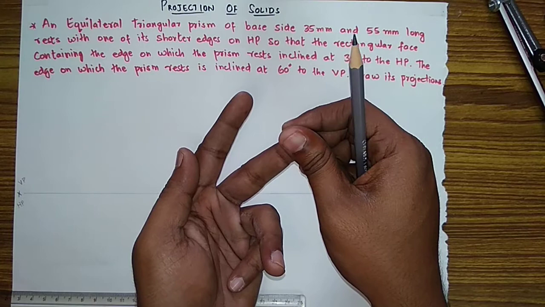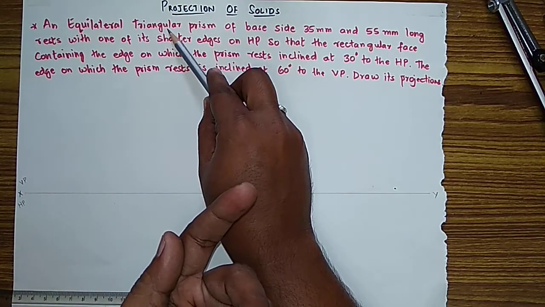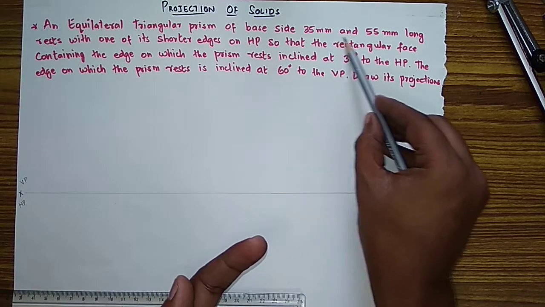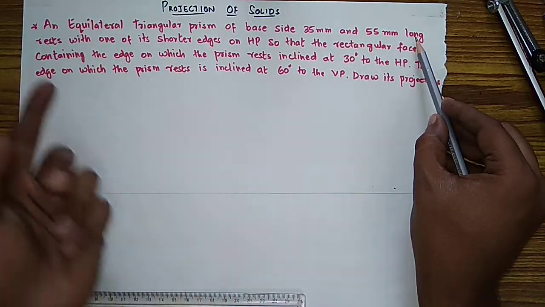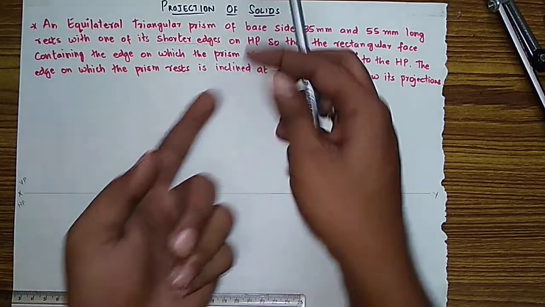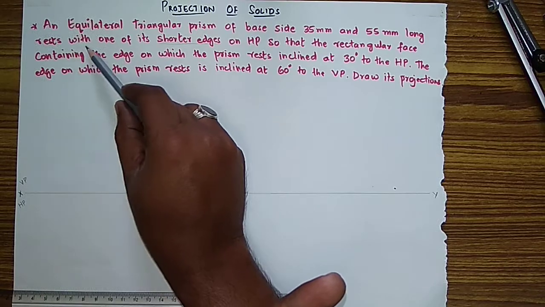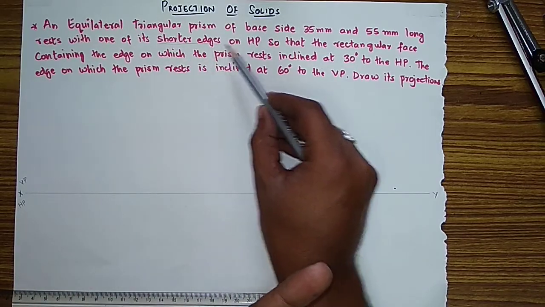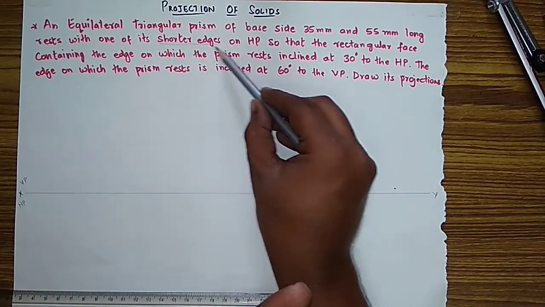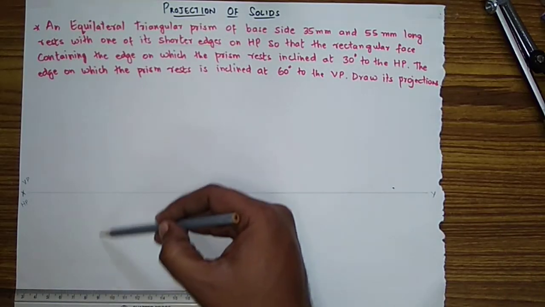Now on what is this triangular prism resting? Read carefully: 55 mm long, rests with one of its shorter edges on HP. If it is saying shorter edges, you have to draw your triangle like this.